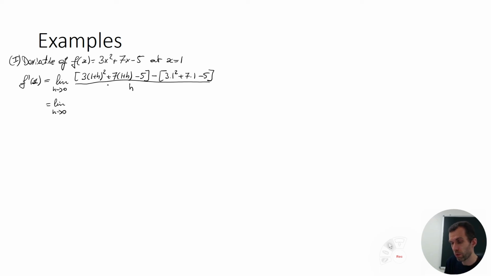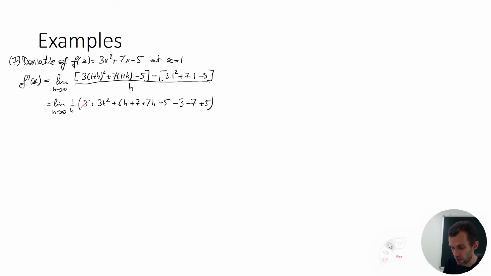So now we work out what the denominator and the numerator are. So we get 3 plus 3h squared plus 6h, and then plus 7 plus 7h minus 5, and then here minus 3 minus 7 plus 5, and all of that divided by h.